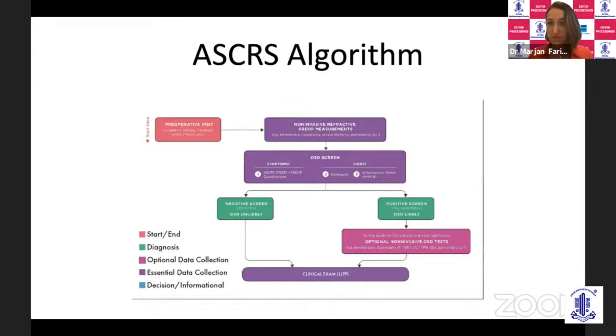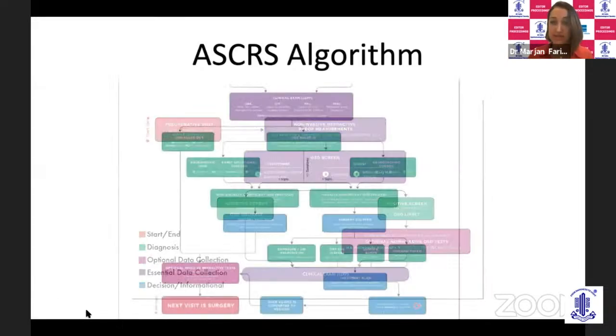Not every practice will have all of these different diagnostic tests, but what are some of the essential ones to help us identify ocular surface disease in this patient population? And then where do we go with treatment, especially because each patient is individual, each patient will have their own constellation of signs and symptoms, and how do we really gauge our treatment once we have identified these patients?